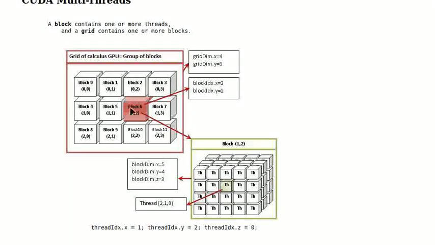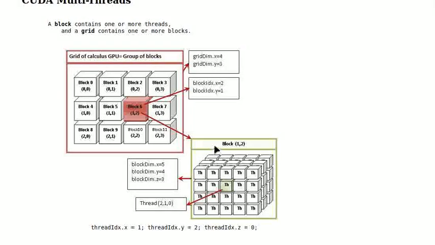And so this is block 00, block 01. And for example, this block 1, 2. The x value of this block is 2, and the y value is 1, or i is 1, j is 2.